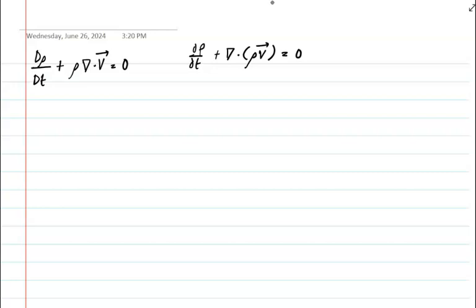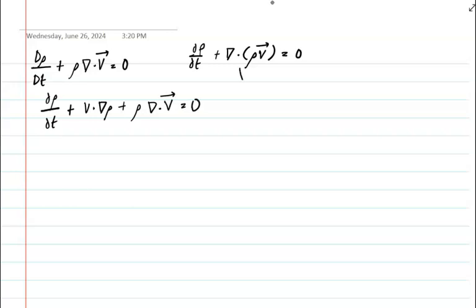Now we have to remember that for the material derivative, this is ∂rho/∂t plus v dot grad rho plus rho del dot v is equal to 0.